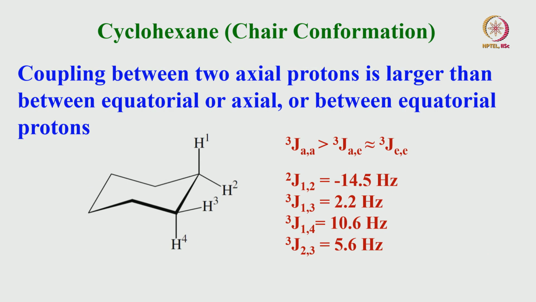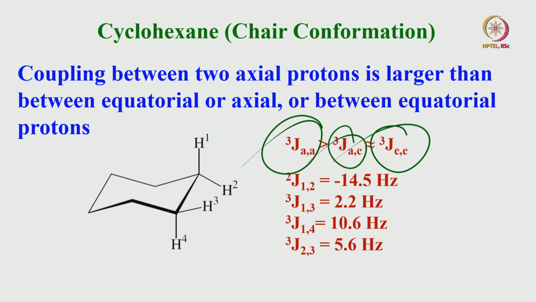Cyclohexane, especially if you consider the chair conformation. Remember, when we analyze the spectrum of some of the cyclohexanes, sugars, etc., we will discuss. Depending upon what is the conformation, chair or boat. If you consider chair conformation, axial coupling is always larger than axial-equatorial coupling, and this is always larger than equatorial coupling.